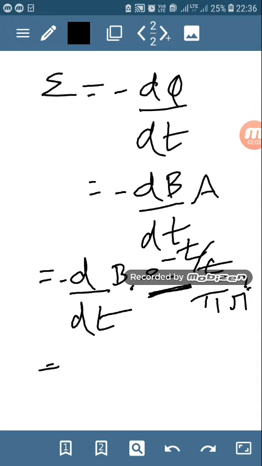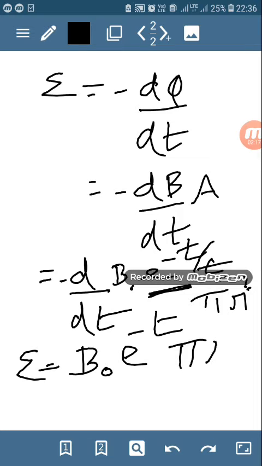So minus minus, since we already have a minus, gives plus. The result, the induced EMF, is B naught e power of minus t. Substituting 1 for t naught, we get B naught e power minus t pi r square. This is the induced EMF.